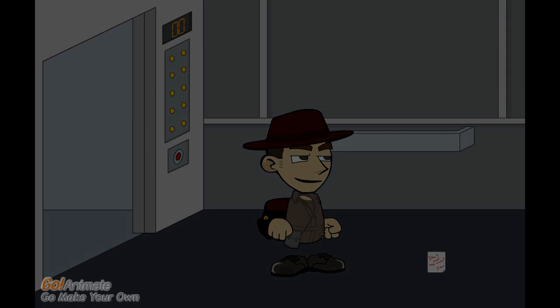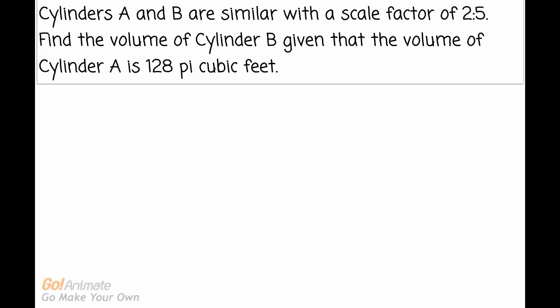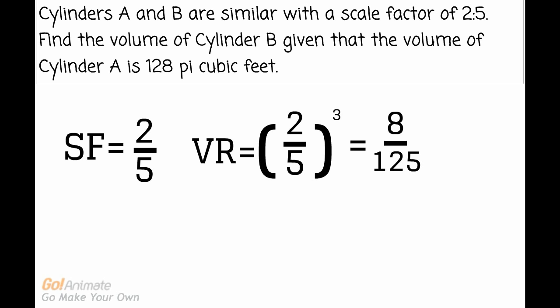And there is the last clue. Okay. Cylinders A and B are similar with a scale factor of 2 to 5. Find the volume of cylinder B, given that the volume of cylinder A is 128 pi cubic feet. So, we know that the scale factor is 2 to 5. According to the similar solids theorem, we need to cube the scale factor to get the volume ratio.